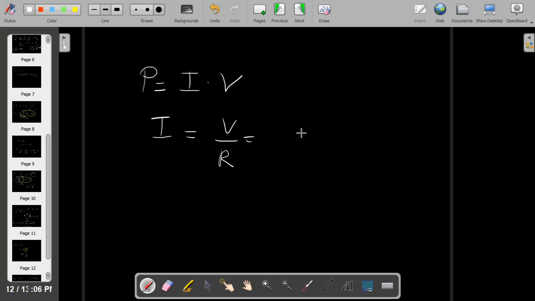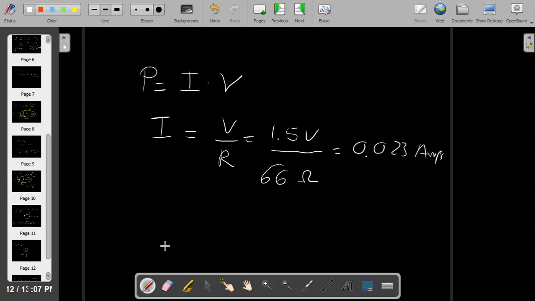So voltage is given to me. My voltage is 1.5. And my resistance I calculated by simplifying the circuit. And we found that our resistance was 66 ohms. So I have all the numbers I need. Okay, so if you do that, you find that your current is 0.023 amps. Okay, amps.